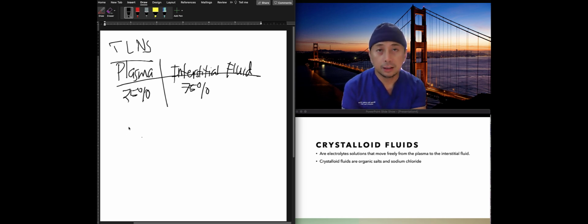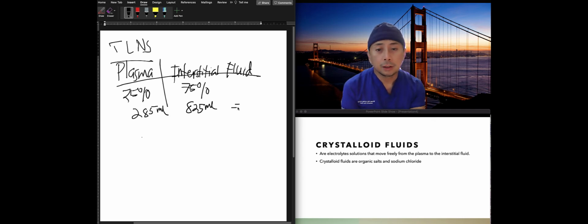Okay, it does increase. You're giving me fluids, you augment 25% of my plasma and 75% of my interstitial fluids. So let's just say you gave me 285 ml in the plasma and 825 ml in the interstitial.